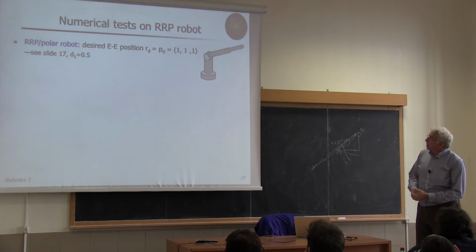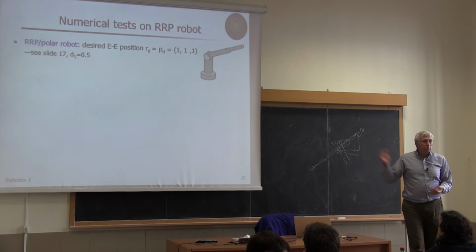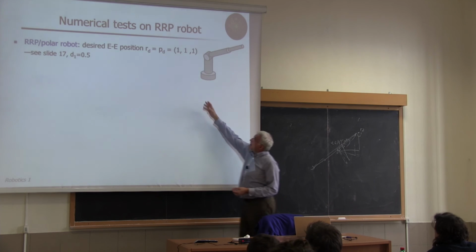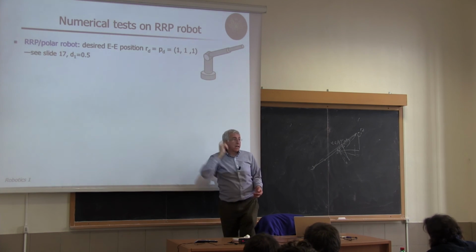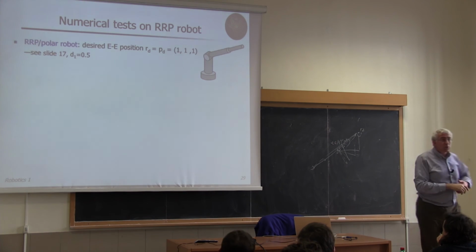And I've taken one of the robots for which we have computed a closed form solution to the inverse kinematics. You remember that. And now we would like to solve the problem with one of these methods. So I'm choosing as desired position 1, 1, 1 for x, y, z.